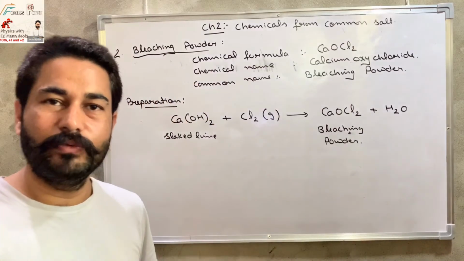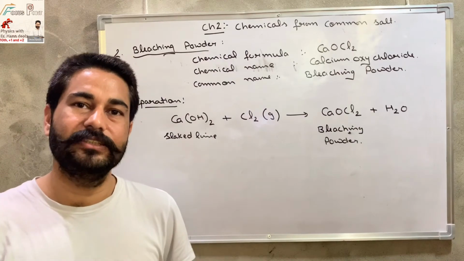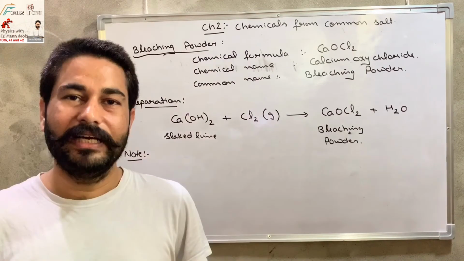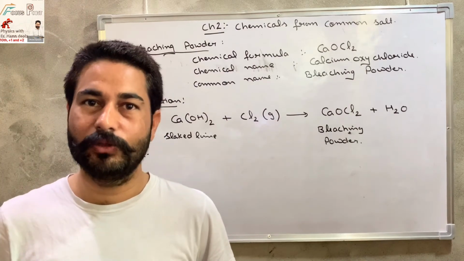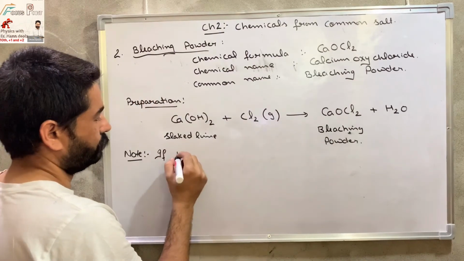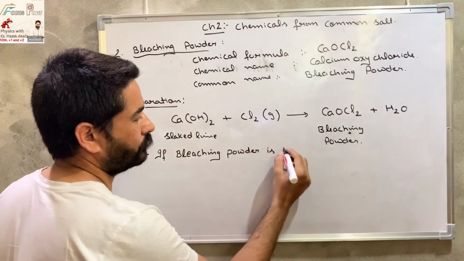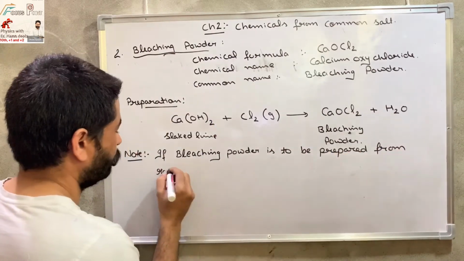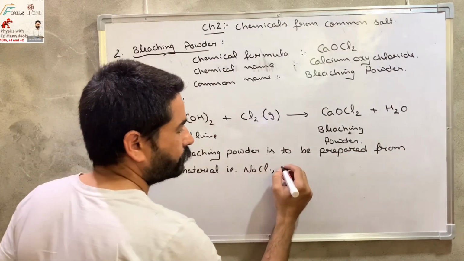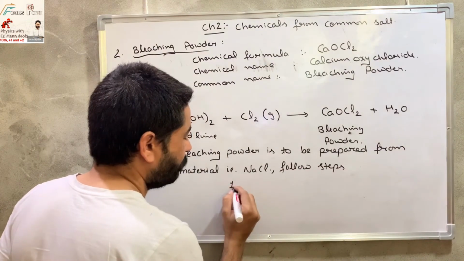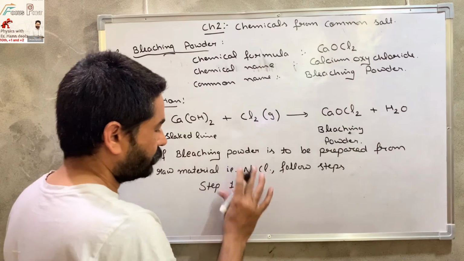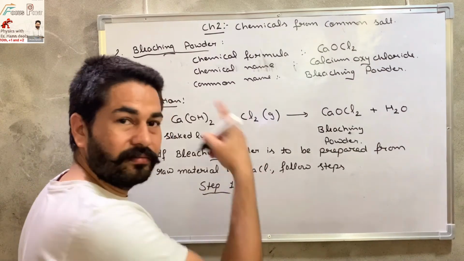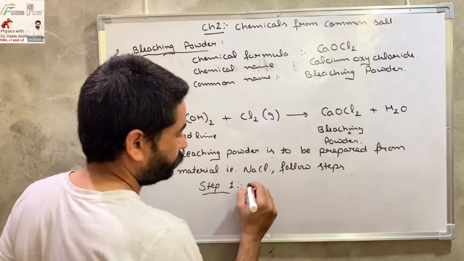But in this reaction, we have not used the raw material, which is common salt. You might be asked to prepare the bleaching powder from the raw material sodium chloride. So what do you have to do? Now in the first step, do the chloralkali process, whatever we have done to prepare the caustic soda.